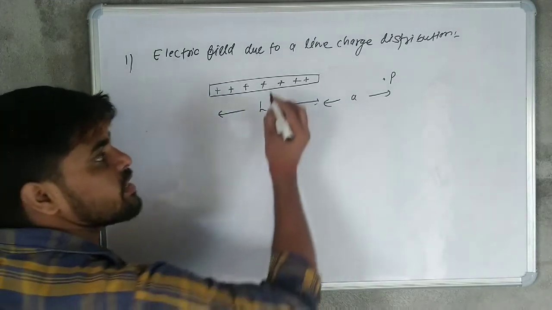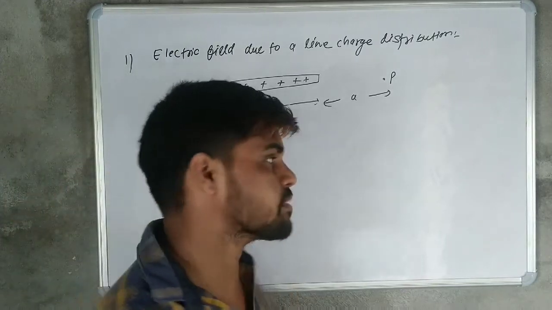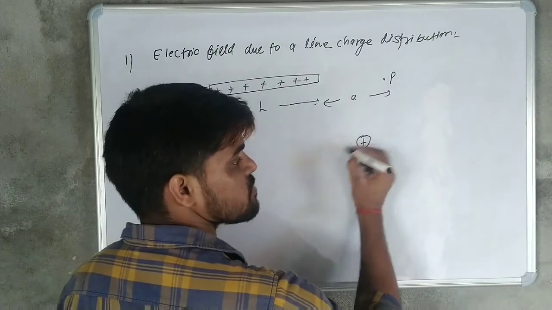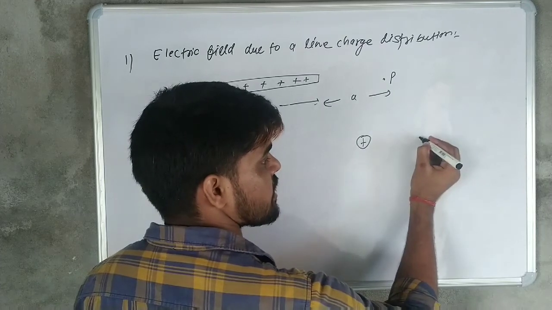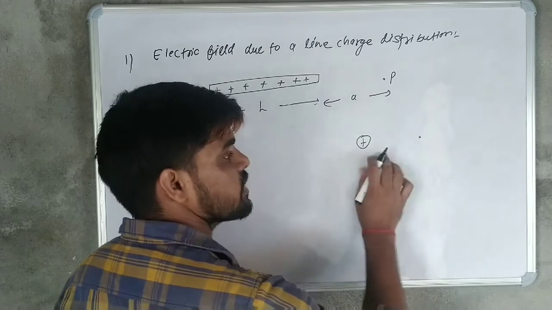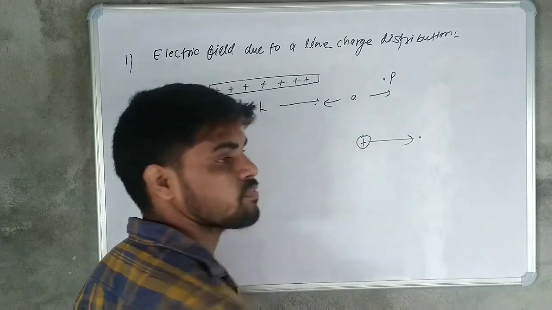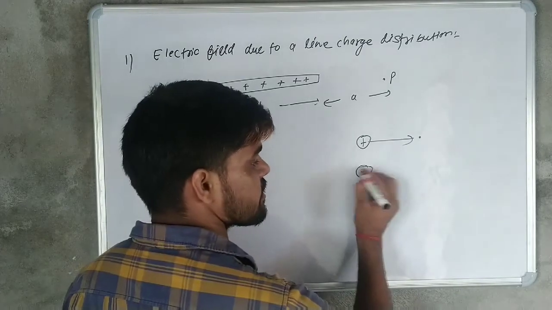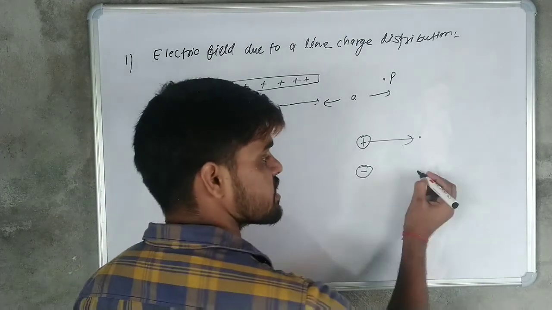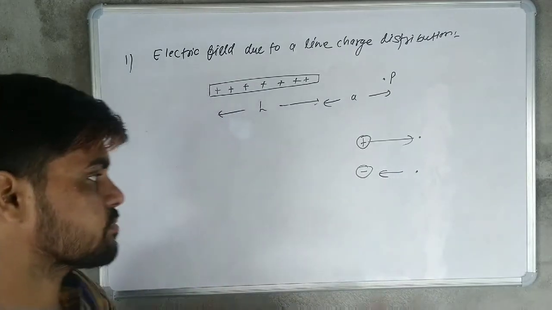In the previous chapter we discussed that if there is a positive charge, the direction of the electric field is away from the positive charge, and if there is a negative charge, the direction of the electric field is towards the negative charge.